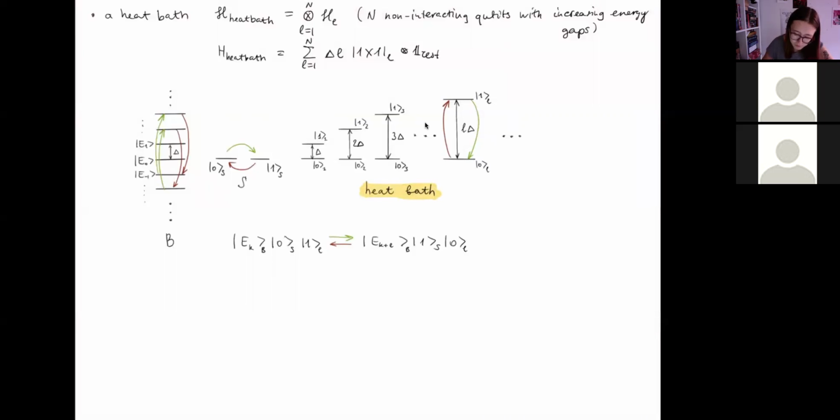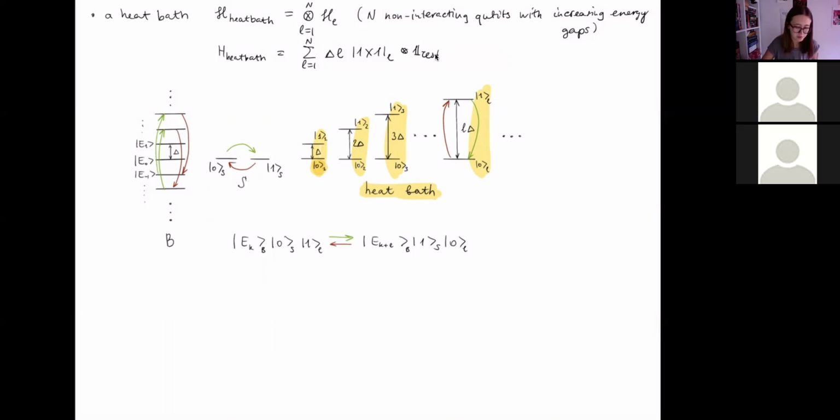And then we have the first qubit in the heat bath, the second qubit in the heat bath, the third qubit in the heat bath, and the nth qubit in the heat bath, and so on, with the linearly increasing energy gaps.